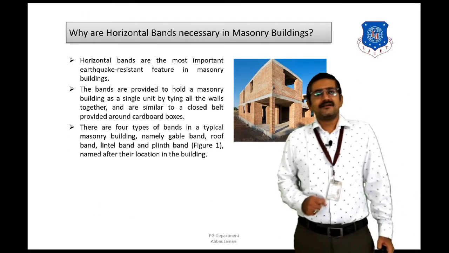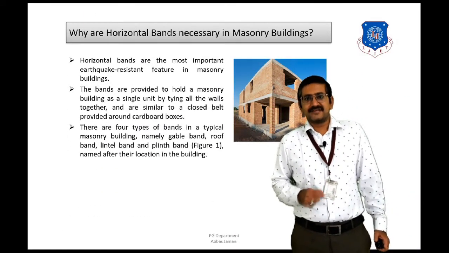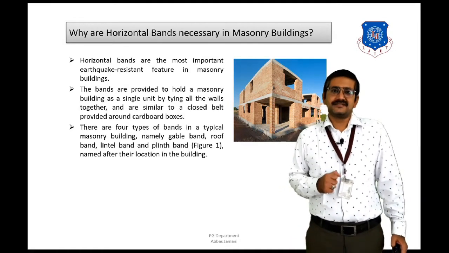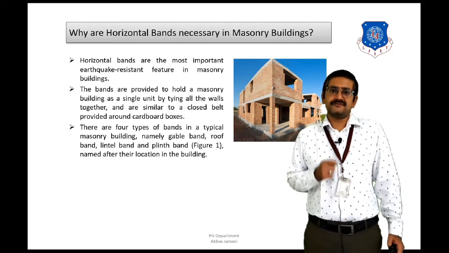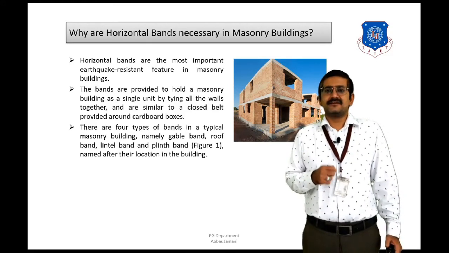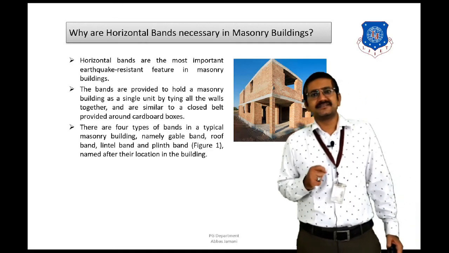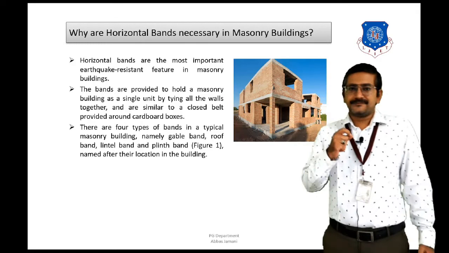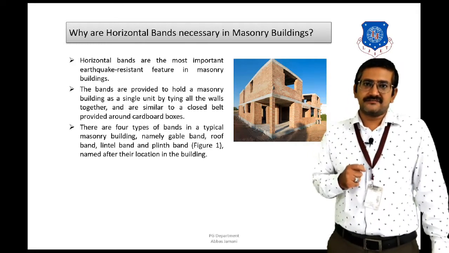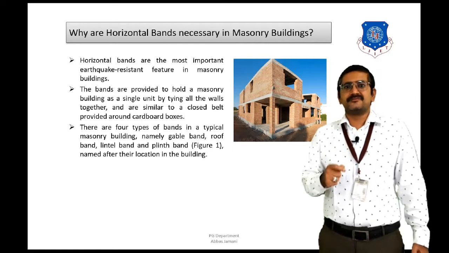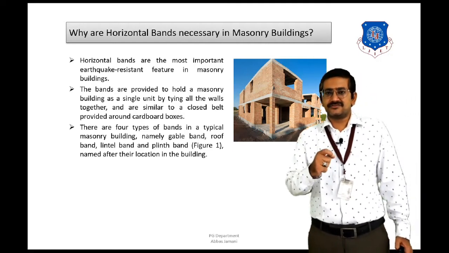Now, in the previous lecture, if you remember, we discussed the basic structural configuration that is required for the good performance of masonry buildings. And in that configuration we focused on two aspects primarily. The first aspect is the structural configuration of the masonry building, that is the size and shape of the building and the performance of the building in case of earthquake load.